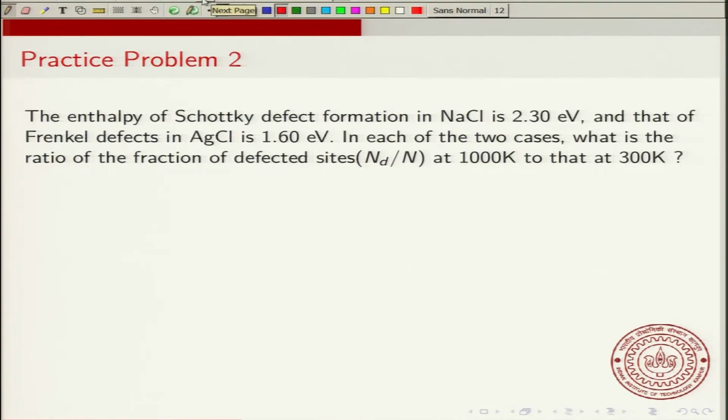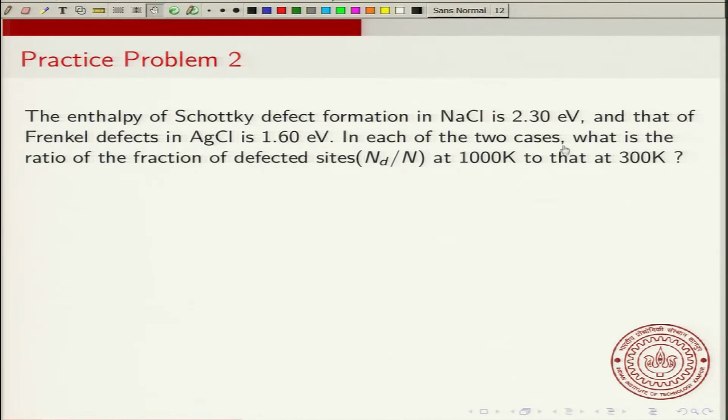This has to do with the thermodynamics of defects. The statement is the enthalpy of Schottky defect formation in NaCl is 2.30 electron volts, and that of Frenkel defects in AgCl is 1.60 electron volts.